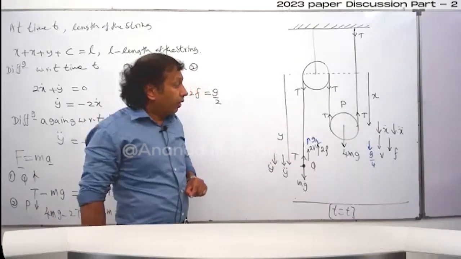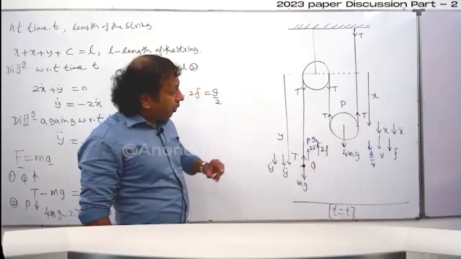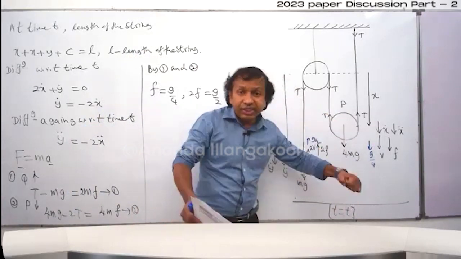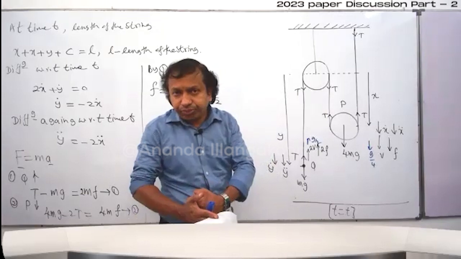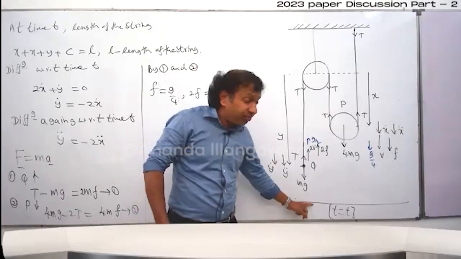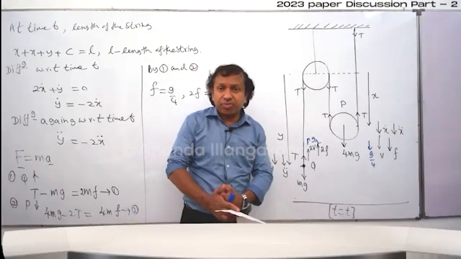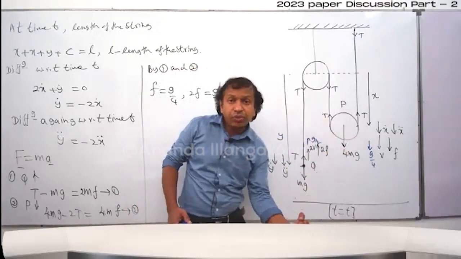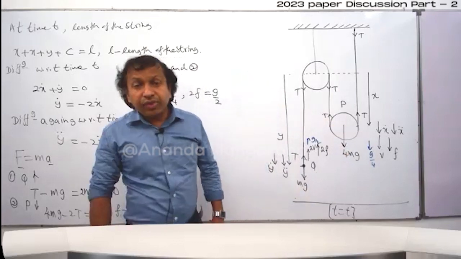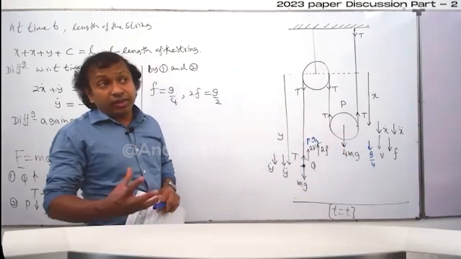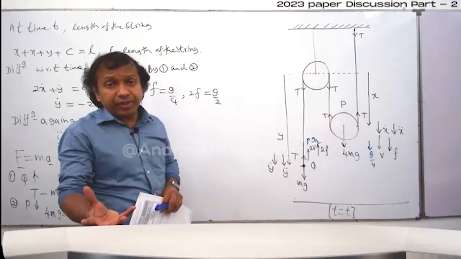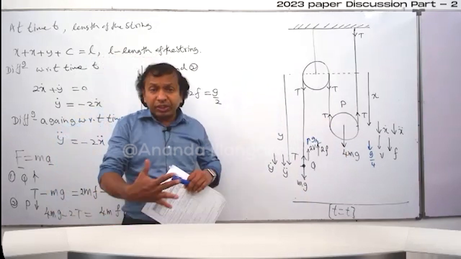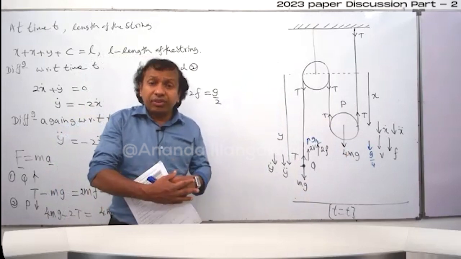Now, the next thing is this. People, once this P comes to the ground with a particular velocity, the P hits the ground. The collision is inelastic. Inelastic means, people, after hitting the ground, this particle P does not rebound. We discussed, people, the collision lesson in applied mechanics, where we consider elastic spheres and elastic ground.